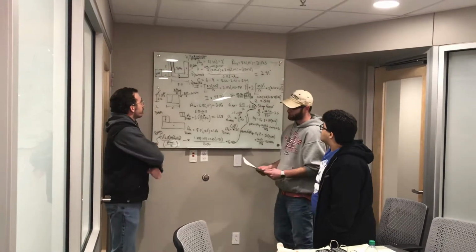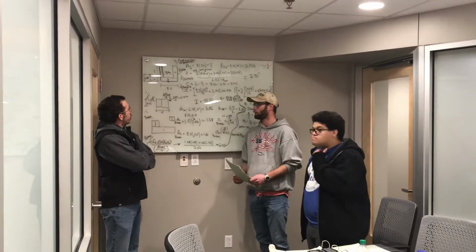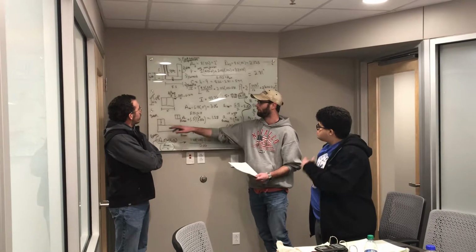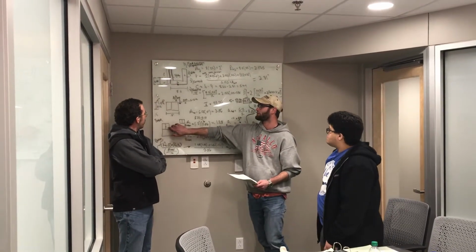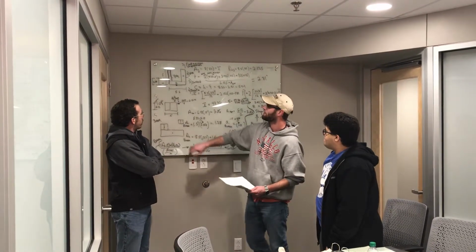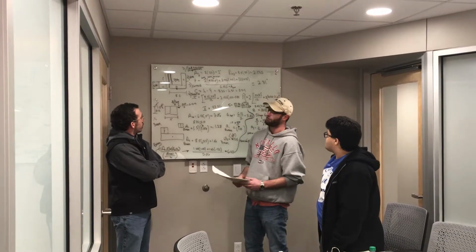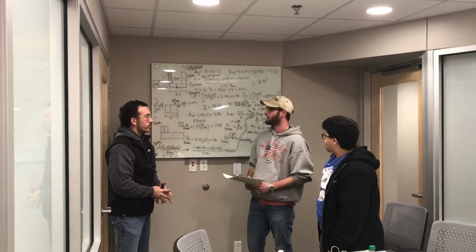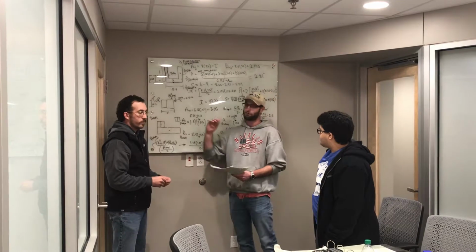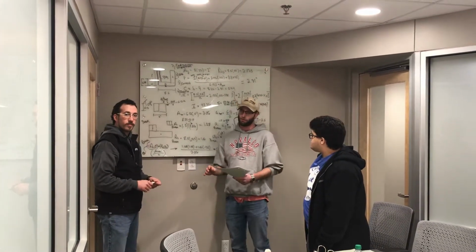So next we're going to move into finding our little a for the top section and for the bottom section. First off, we need to find and locate our plastic neutral axis, which is half of the area up top and half of the area below.